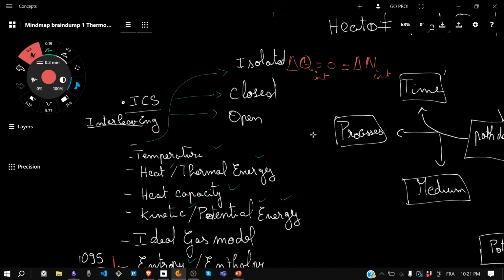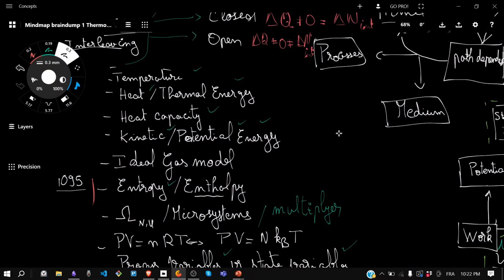Closed, we have change in heat different than 0, but 0 change in the number of particles. Open is both change. So delta Q different from 0, and delta N different from 0, obviously. So that's what we have.